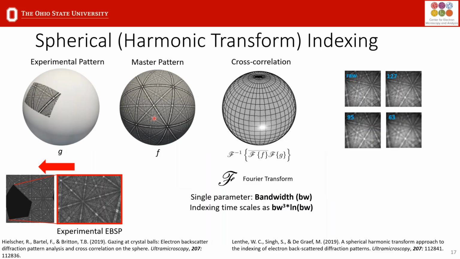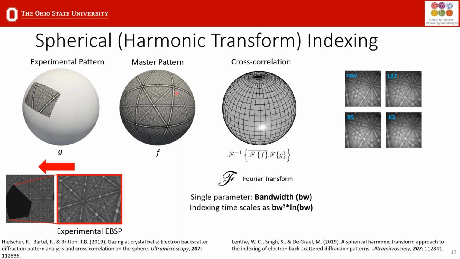Yeah, so interesting fact: if you take this master pattern and, instead of doing the cross correlation with an experimental pattern, you do the cross correlation with the master pattern itself, you can identify whether or not a particular crystal is going to be susceptible to pseudosymmetry. Pseudosymmetry is when, in the same crystal, you have multiple orientations that look the same.